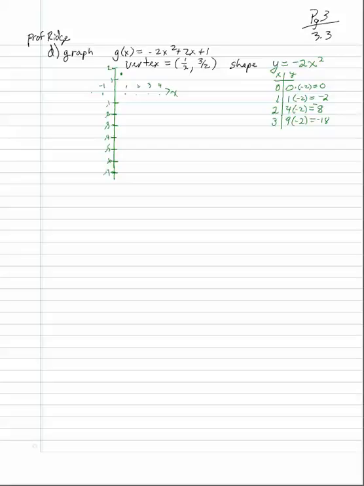So I'm going to put in a dotted line just to kind of remind me. Now typically you don't draw this, but I just want to emphasize that's my pretend origin. So counting from there, I'm going to plot (0, 0), then (1, negative 2). So (1, negative 2).